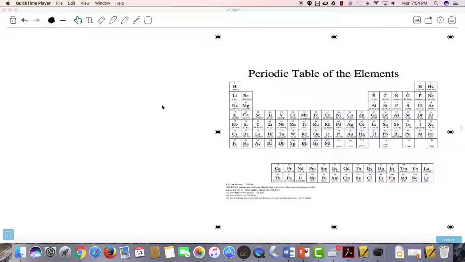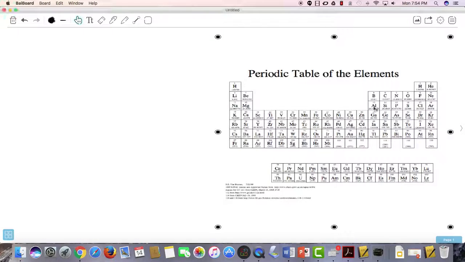Before we start writing noble gas configurations, which is an even more shorthand notation, I want to review writing electron configurations first. So let's take a look at aluminum.